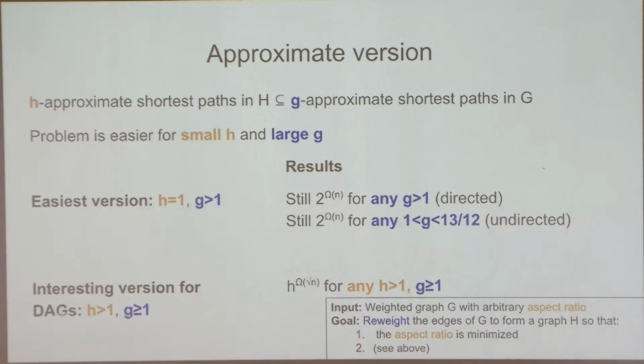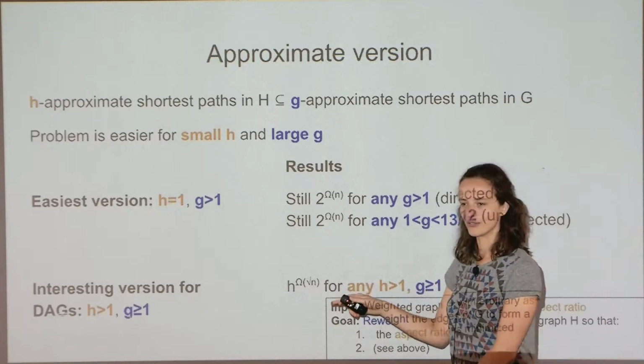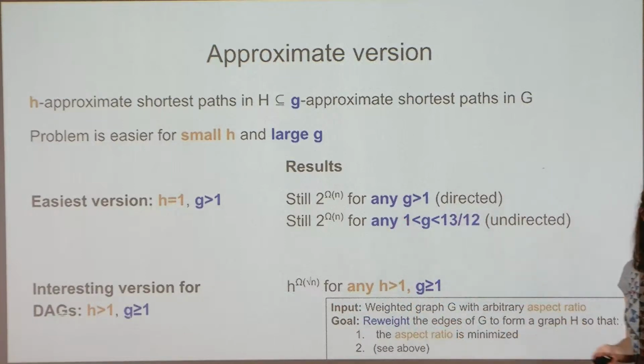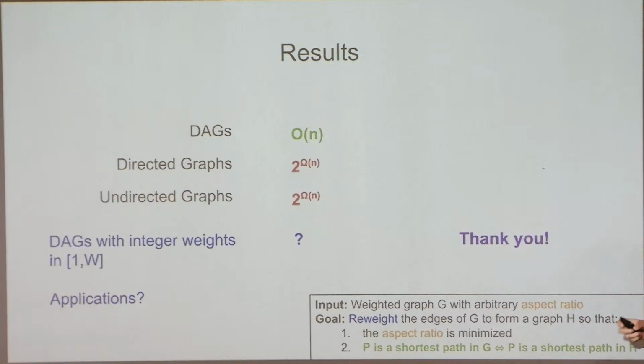And on the other hand, if I make the problem even just a little bit harder for DAGs, then I immediately jump up to an exponential bound. So there are negative results for different relaxations and generalizations of the problem. Here's the result statement again, and I'll stop here. Thanks everyone for being here.